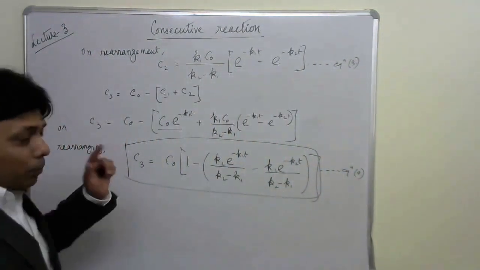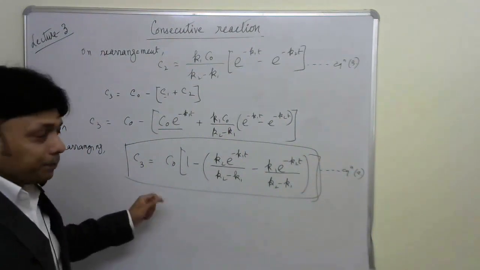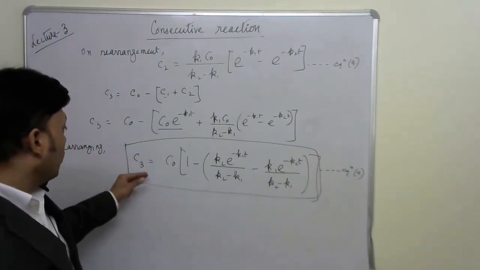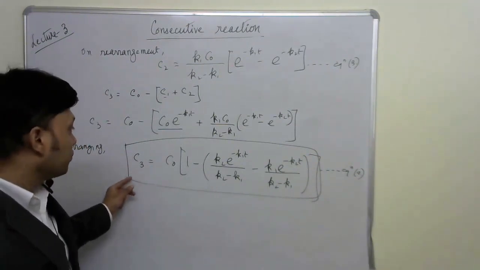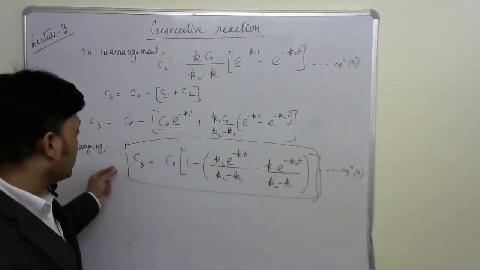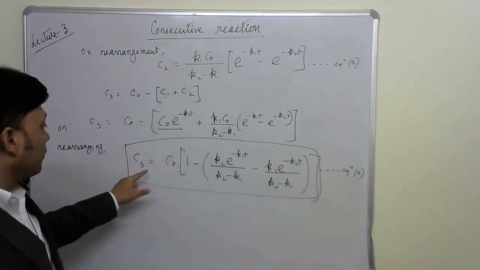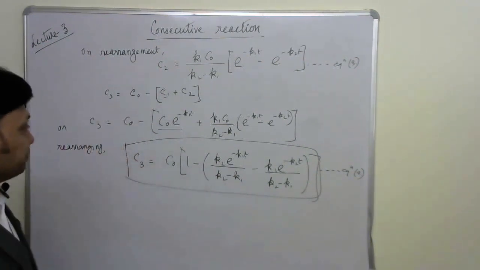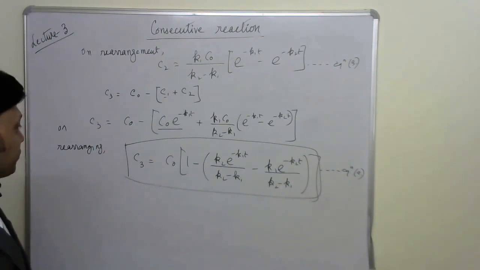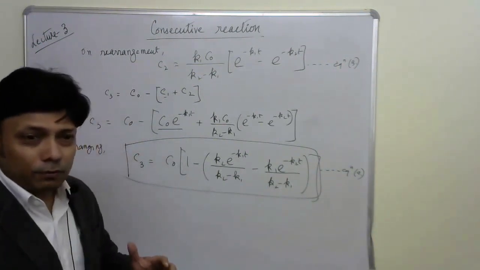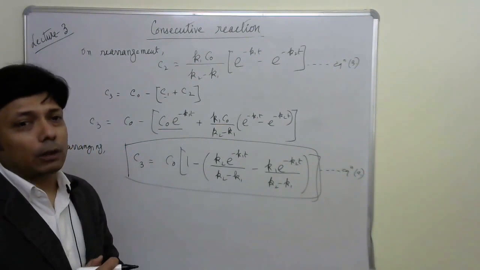Now this equation number 4, firstly, is the integrated rate law for a consecutive reaction, where we can express our final product C3 in terms of time. So it's the relationship between C3 and time. Only the constant C0 appears, and the two rate constants K1 and K2. This is number 1.